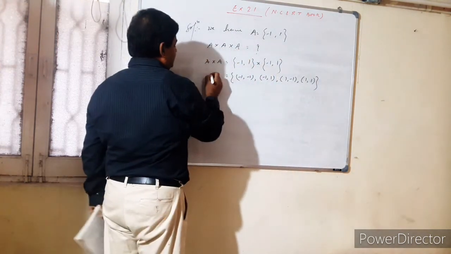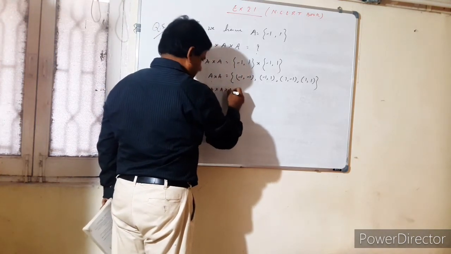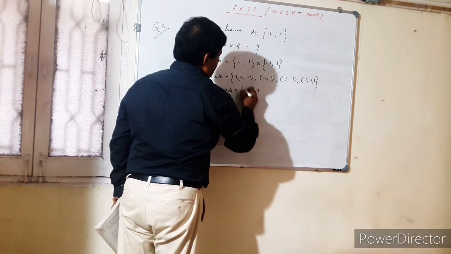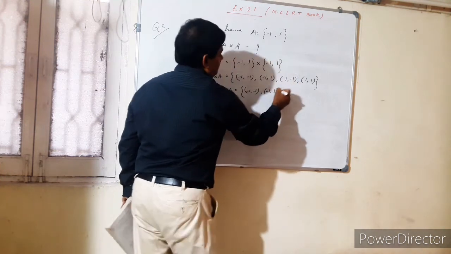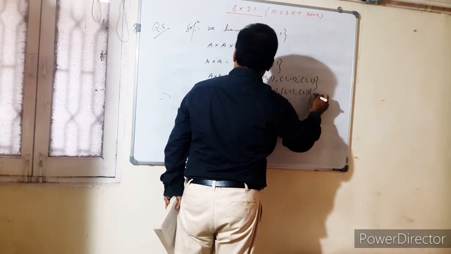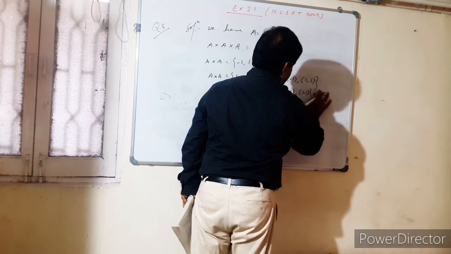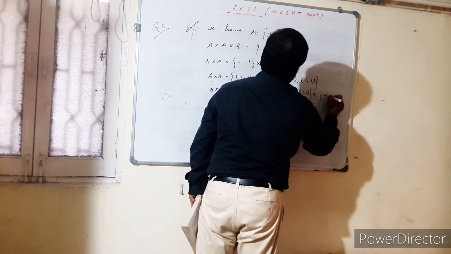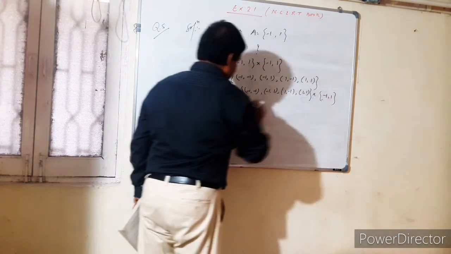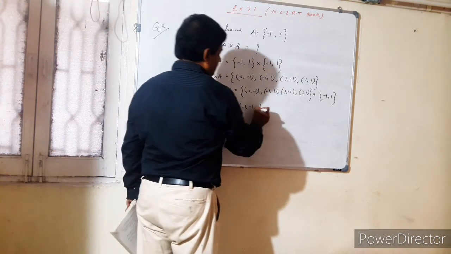Now A cross A you got A cross A. Now you have to find out A cross A cross A. It means here you have to write -1, -1, -1, 1, 1, -1, 1, 1 into -1, 1. So see here become -1, -1, first multiply -1. So here become -1, -1, -1.